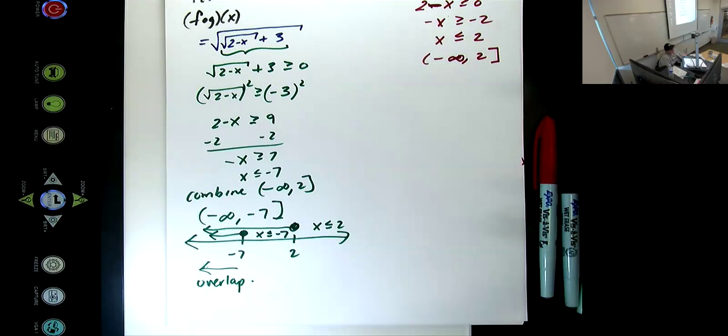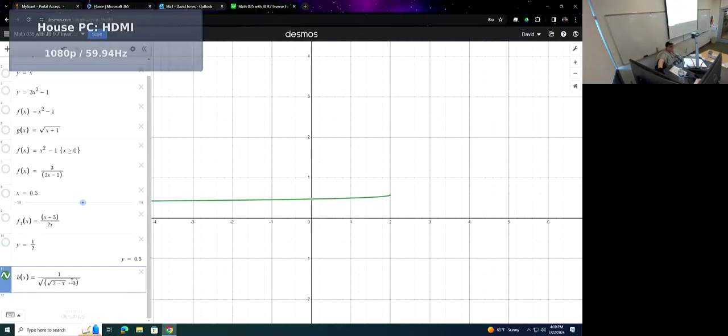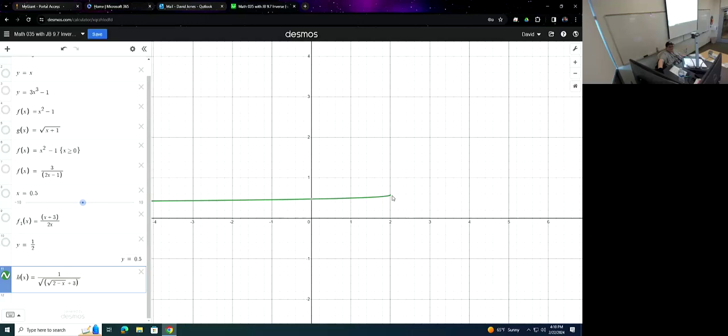Guess what? That's not the domain. Oh, it's wrong. You would say we didn't do anything wrong, did we? Well, we didn't perform any operation that was incorrect. Look at the graph. It's negative infinity up to 2.